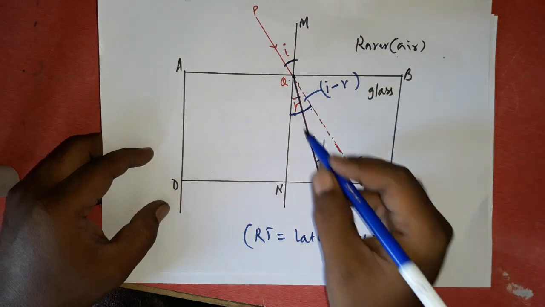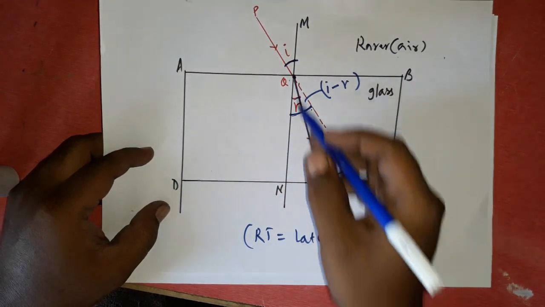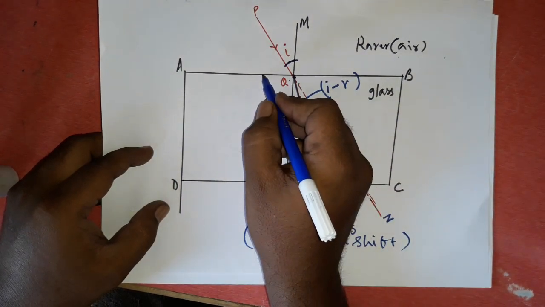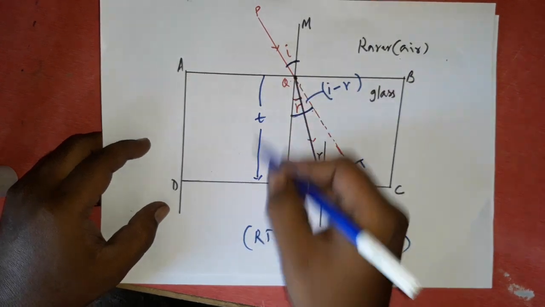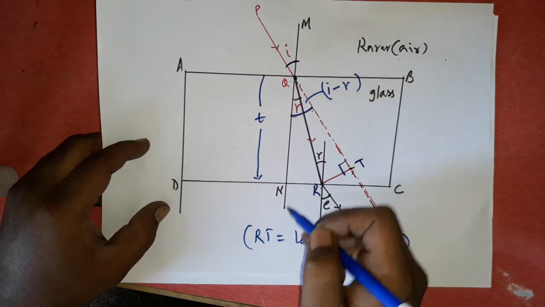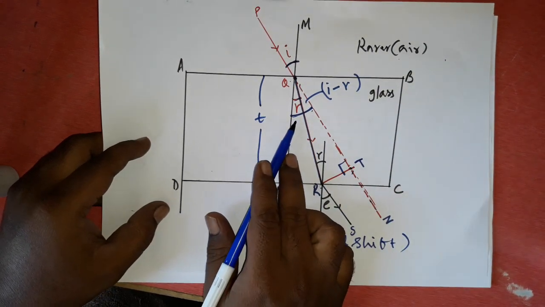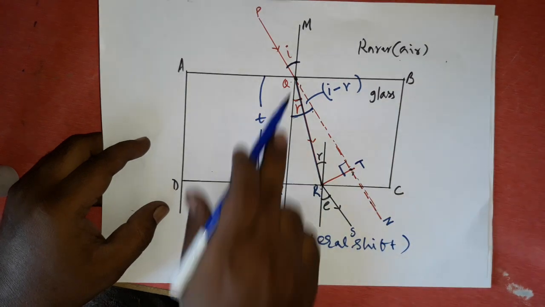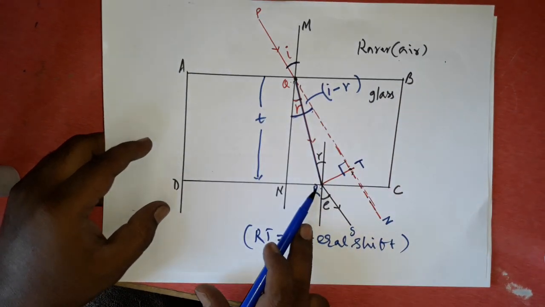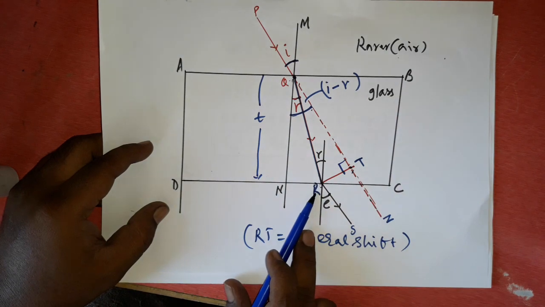See, what is QR? In QNR, this I will take as the thickness of this glass slab, which is nothing but QN. If I take cos r, cos of angle small r, then it will be adjacent QN divided by hypotenuse. I can get the value of QR here.